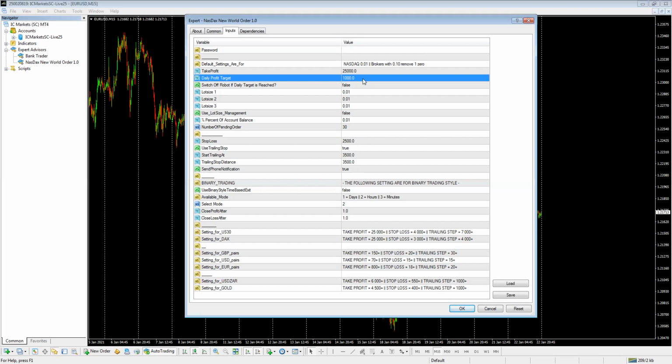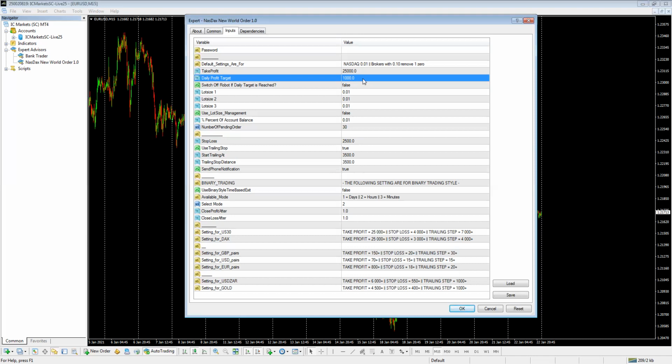So when you want to set a daily target, always take into consideration how much you are willing to lose a day, times that by 5. Say if I'm willing to lose 100 USD today, then 100 USD times 5 is 500 USD. That means you want to put your daily target at 500 USD. If you have a small account, you say for the day I'm willing to lose 20 USD, times 5, that's 100 USD.